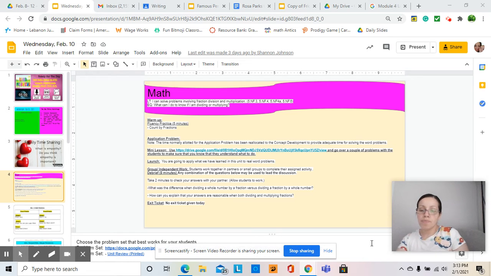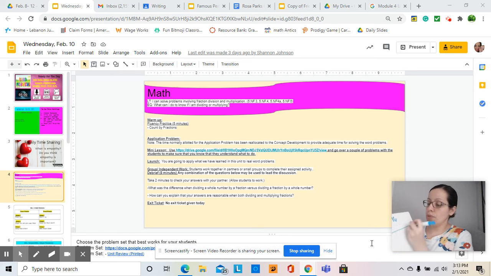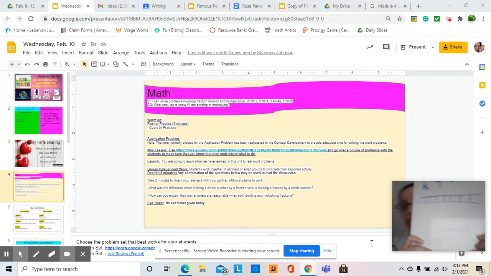When we are dividing and I say, well, let's find 1/8 of 16, what I'm saying here is that I have 8 groups. So I need to create 8 groups with my tape diagram. And out of my 8 groups, I'm only looking at one group.